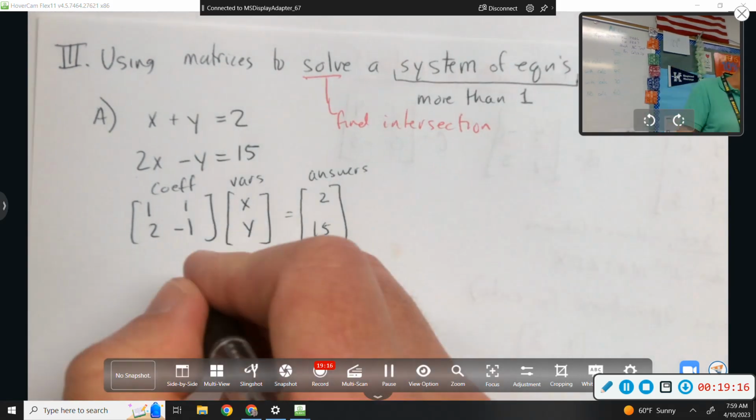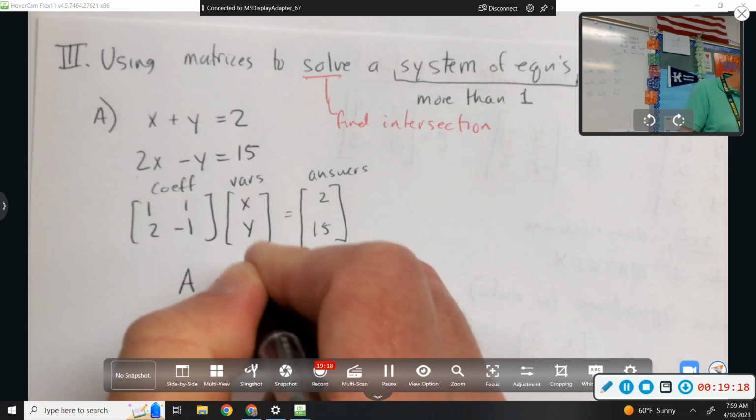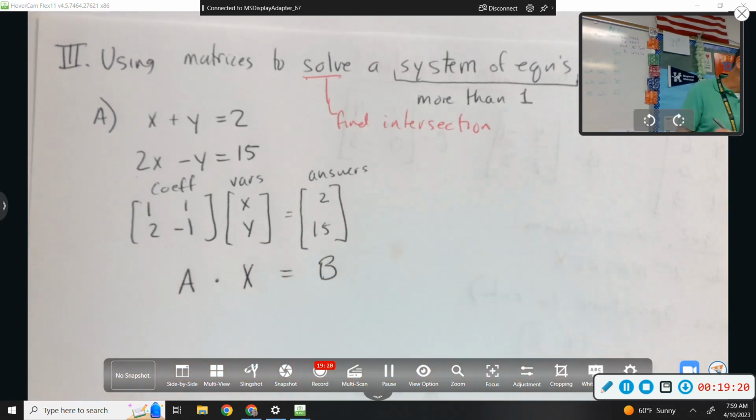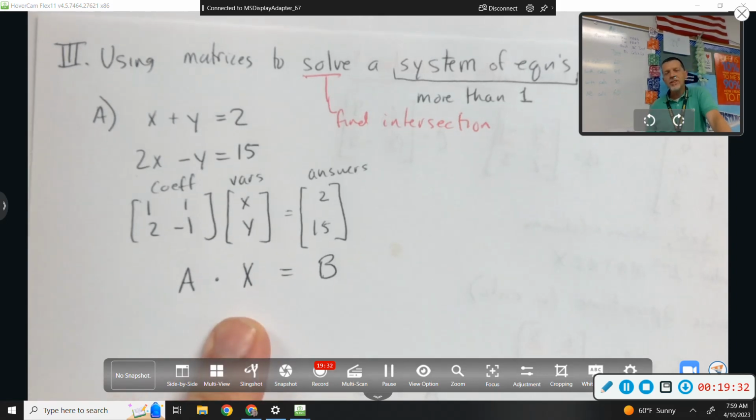In fact, we could model this as A times X equals B, where A and X and B are matrices rather than just numbers or variables. I'd like to get X by itself. What would you normally do to get X by itself in this equation? Divide by A. I like that answer.